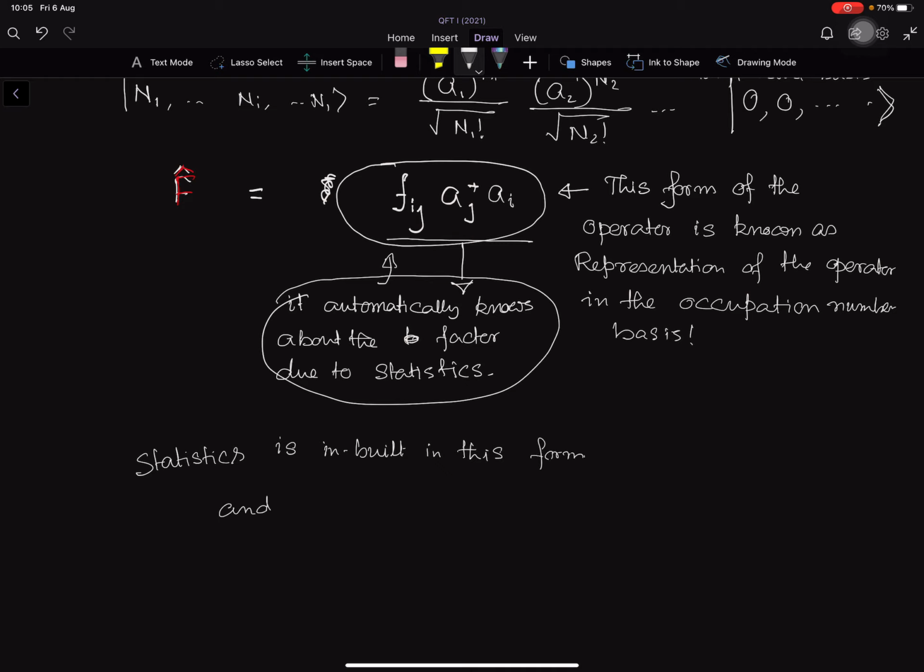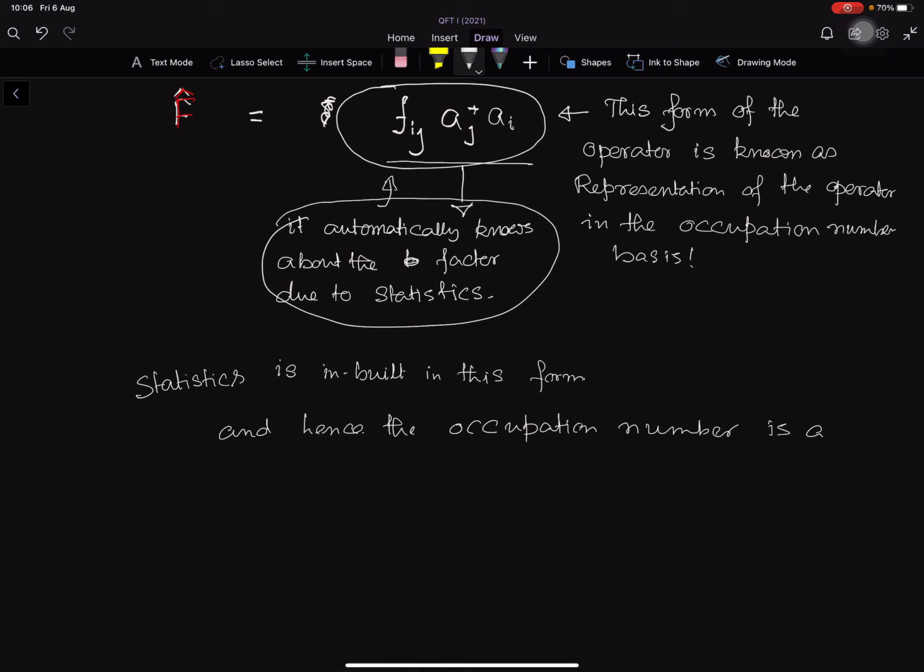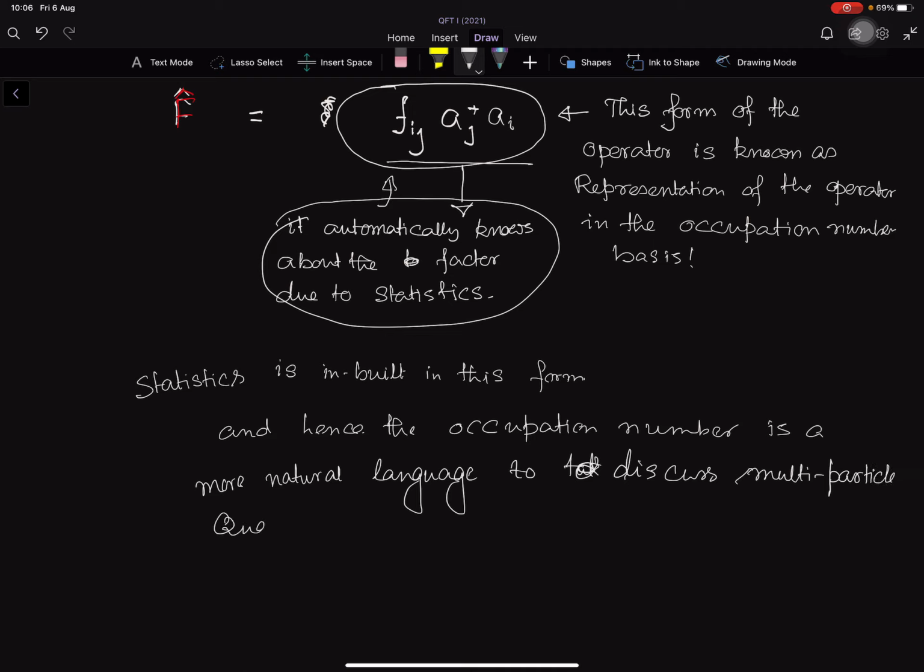And hence the occupation number basis is a more natural language to discuss multiparticle quantum systems.